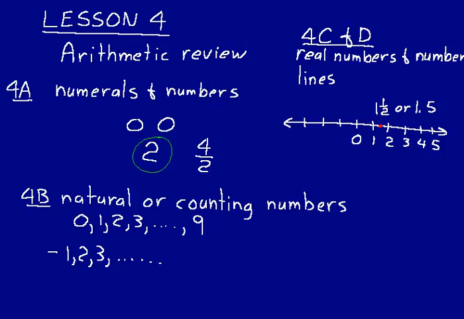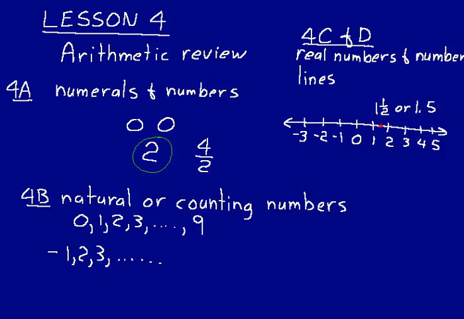And then also for every positive real number, it has an opposite or negative counterpart. For example, the opposite of 1 would be -1. Opposite of positive 2 would be -2. Positive 3 would be -3. Now, notice we put that negative symbol in front of those numbers, specifically the ones to the left of the 0 on a number line.